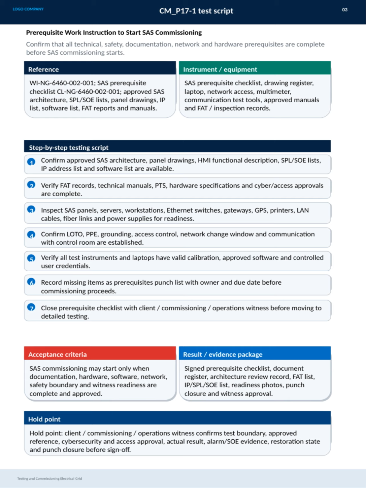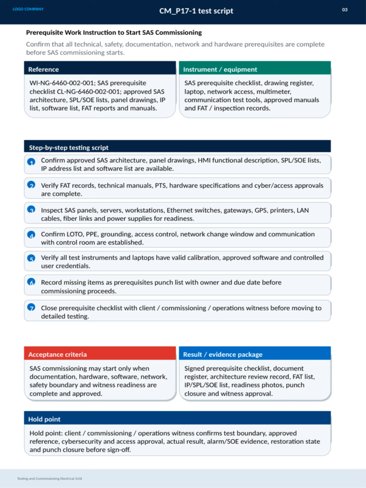In addition, all test instruments and laptops need valid calibration, approved software, and controlled user credentials. If any items are missing, they should be recorded in a punch list with assigned owners and due dates. The prerequisite checklist must then be formally closed with witnesses from the client, commissioning, and operations teams. Only when all these criteria are met and approved can SAS commissioning begin.